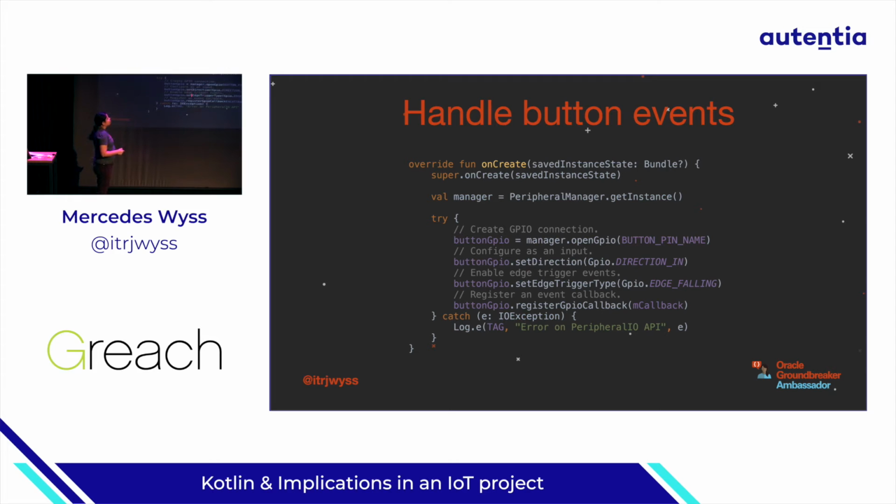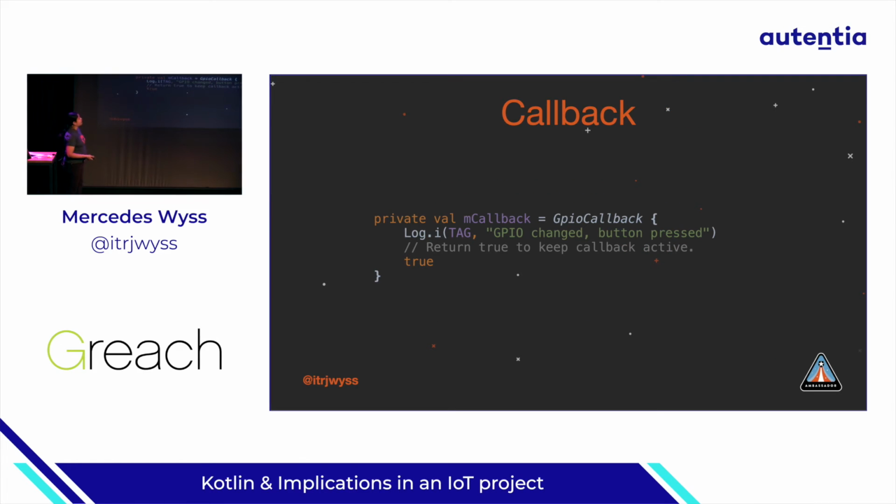And then I am defining that it is an event-triggered event, so I will stay reading all the time using this callback. Now I have here defined the callback. So here I am overriding an onGpioEdge method that receives the GPIO. Right now, I am just logging that I pressed the button, and I am returning true.